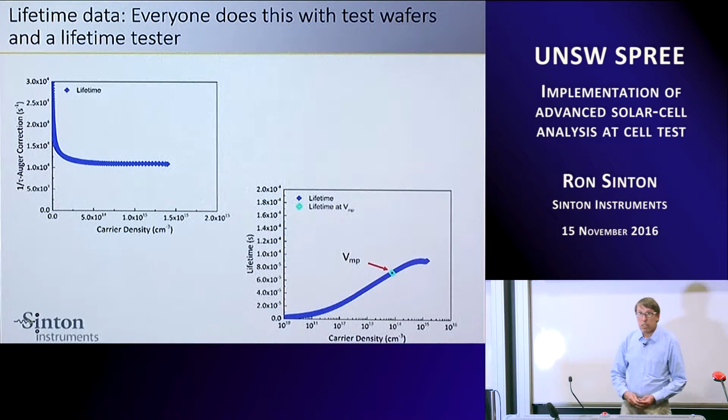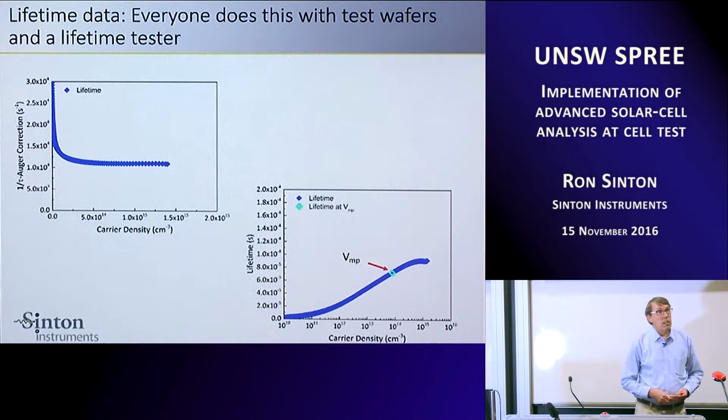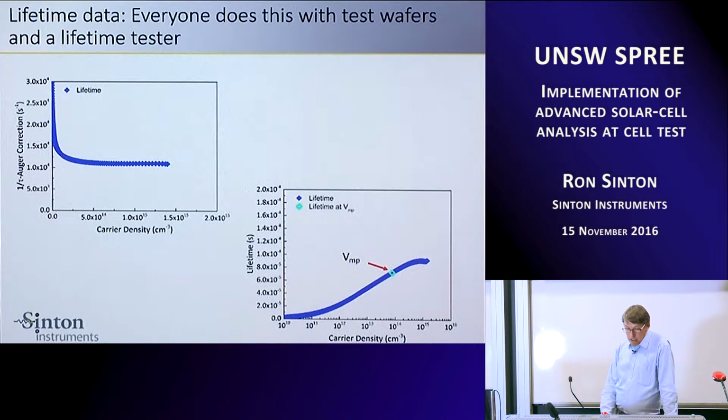So I'll start with what I know most people here are familiar with, and that's the lifetime tester, which you do on test wafers at many steps in the process, but especially after the diffusion and after the PECVD nitride. And so you get this curve shown here, which is 1 over tau versus carrier density, and also lifetime versus carrier density.